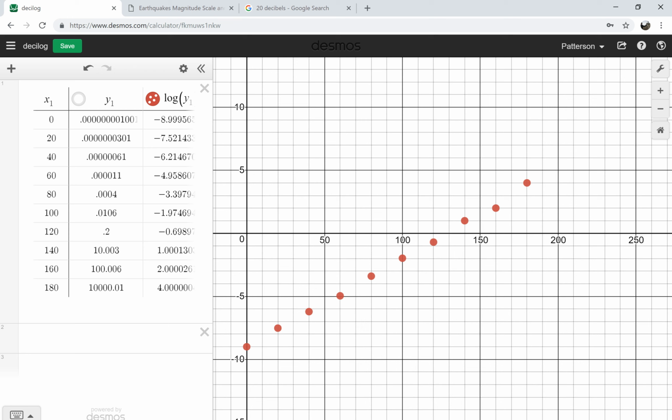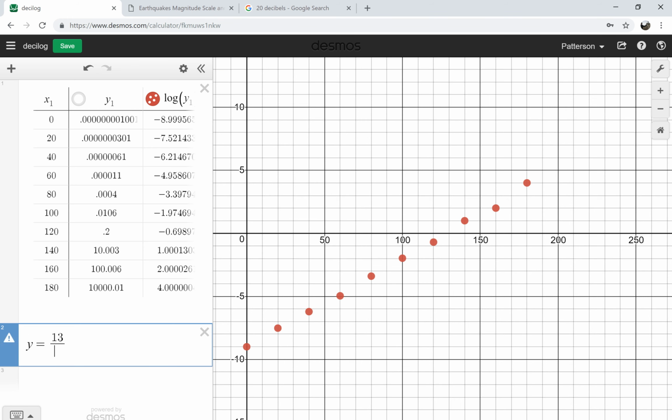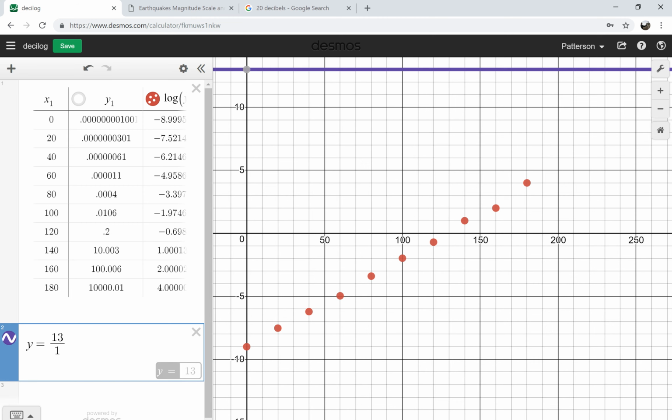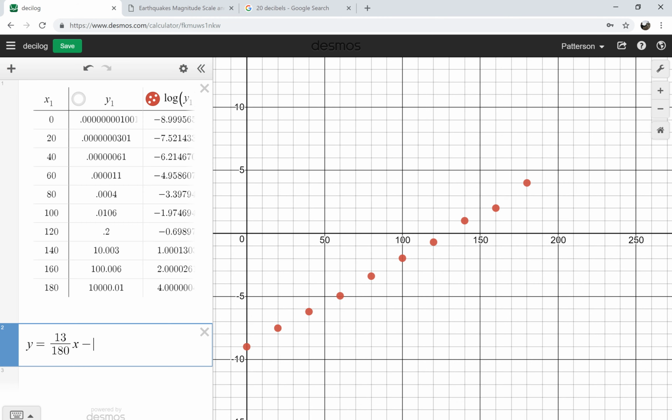Actually, we'll do the slope between the last two and the first two. So this is going to be -9, basically, to 4. So that would be a change of 13. So I'm going to come down here and go y equals 13 divided by, now I need a change in the x, that would be 180. Okay, x minus, since I have 0, I know that it's -9.